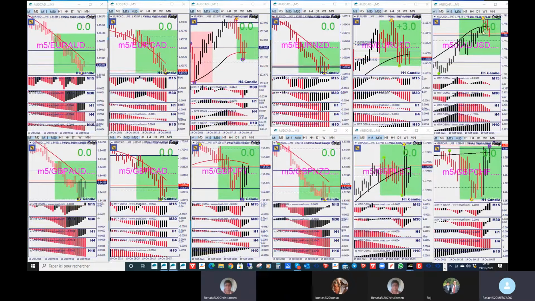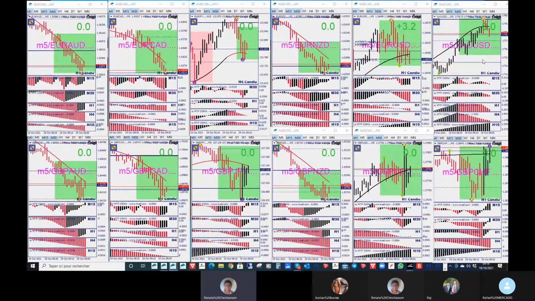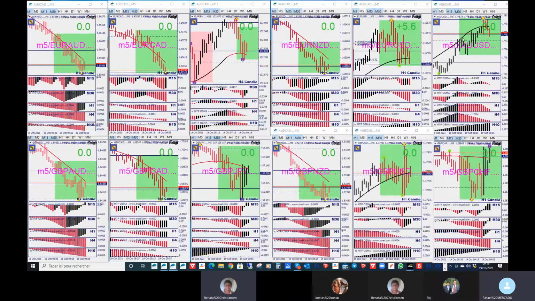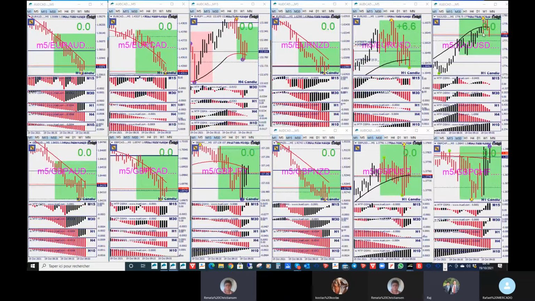Gold has started moving short. Yeah, the dollar is strong. It's getting strong. You should have stayed in, huh? Too late now.